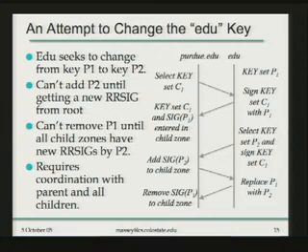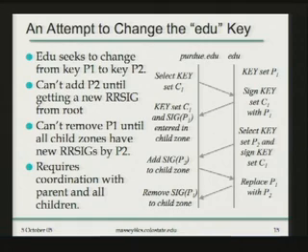This is the coordination problem between EDU and one of the children, or between COM and one of the 30 million children. The first thing Purdue EDU does is send its key up to the parent. The parent sends back a signature using its key P1. When I want to change to P2, the parent first has to add P2.